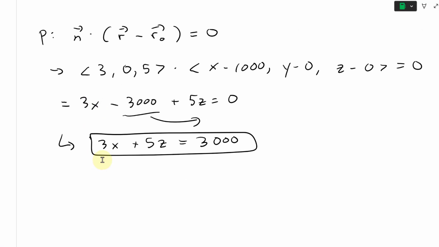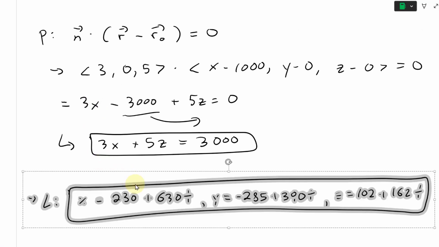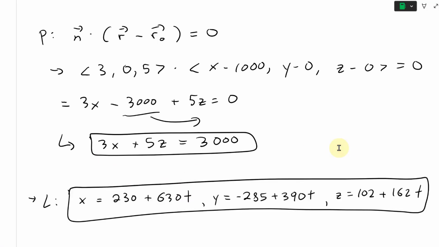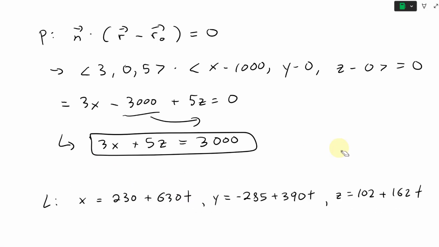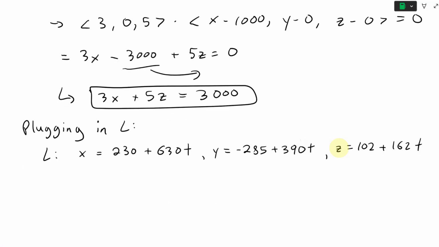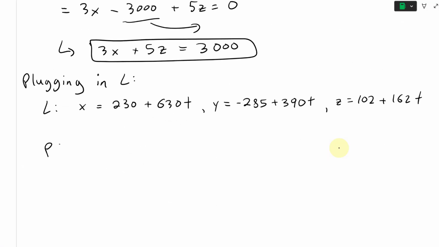All right, and now the next one is, well, we've got to plug in our line inside. I already had it copied and pasted, so we didn't change anything. So I'll just move this like this. So there's the line L, and I'll write plugging in L. So plug that in, so we get the P, the equation of the plane, with the line inside, we get 3 times 230 plus 630t, like this.